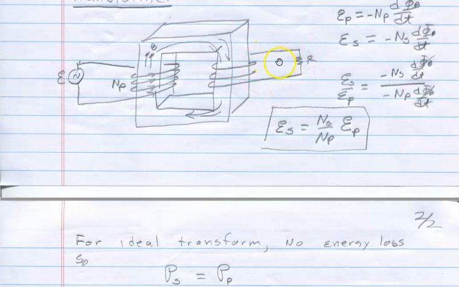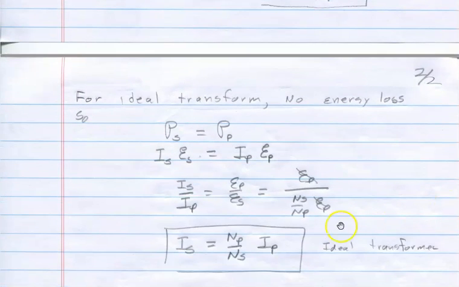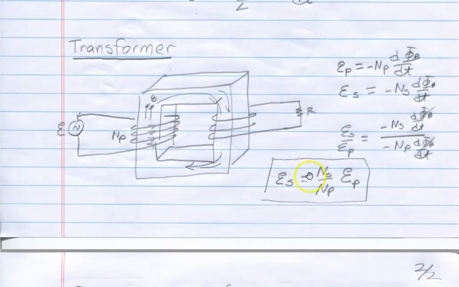But at the same time, what happens? Well, the current in the secondary goes up. N_P is 100, N_S is 10, and so this becomes 100 over 10. And so the current increases in the secondary by a factor of 10 over the primary. And in general, that's what happens with these.